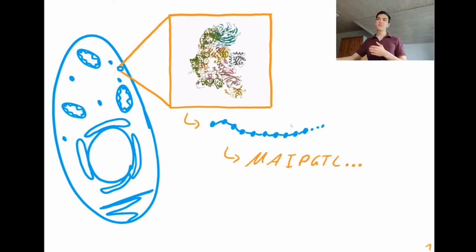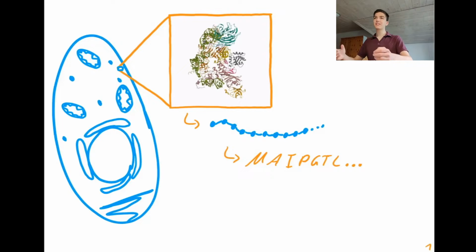Every protein is just a long chain of these 20 amino acids that then fold up into a complex structure that gives the protein its function. We give every one of those 20 amino acids a letter and write them in a long string, and that is the representation of a protein and the input that we're dealing with.